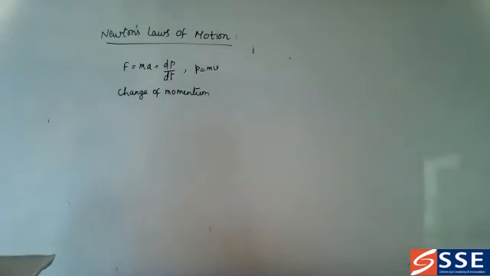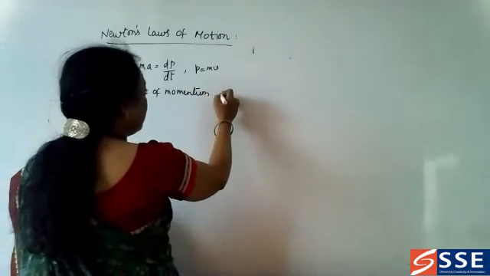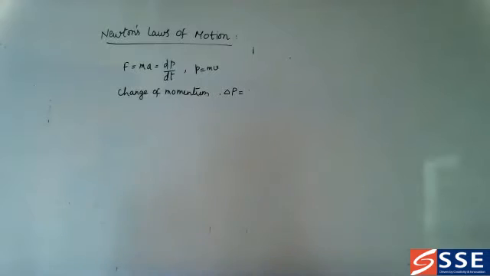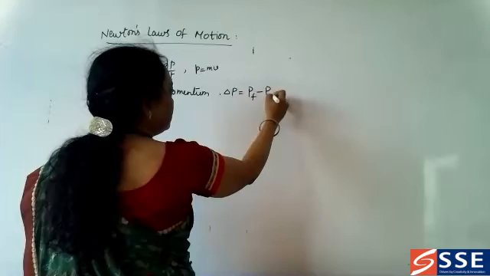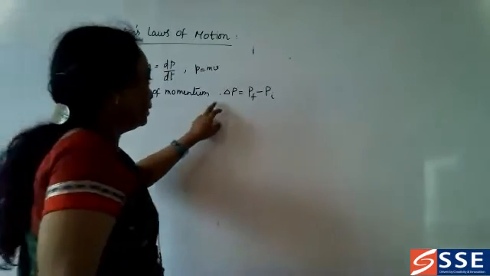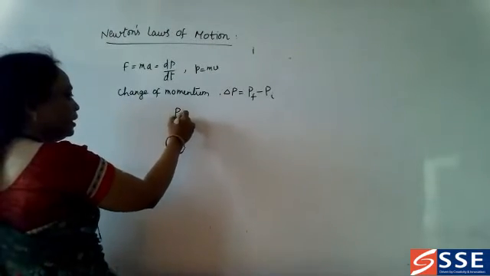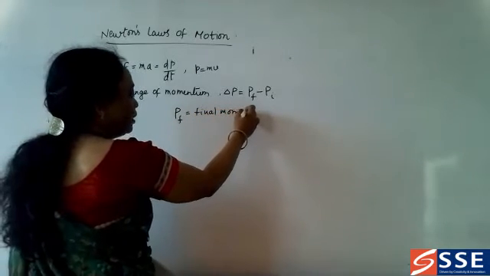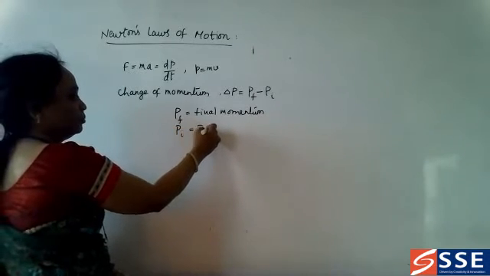And the change of momentum: delta p is equal to pf minus pi. So delta p is the change of momentum, which is nothing but pf minus pi, where pf is the final momentum and pi is the initial momentum.